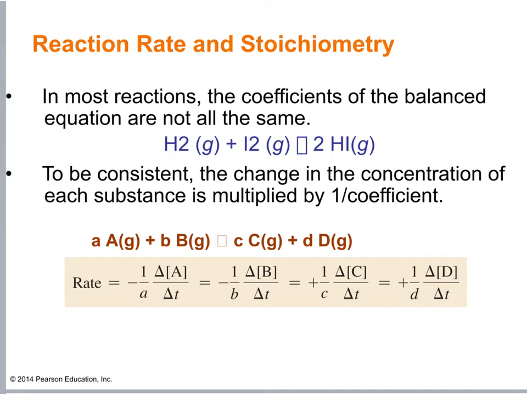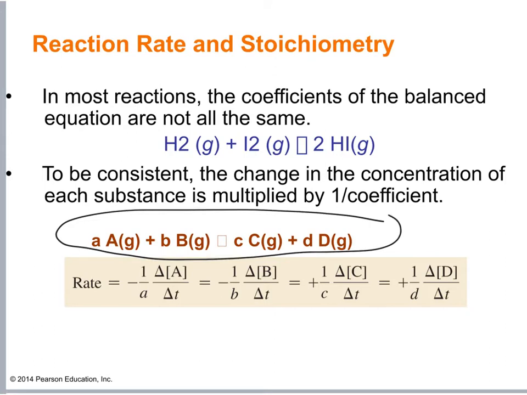So, for instance, if we take this generalized form of a reaction, little a being the coefficient of big A, little b being the coefficient of big B, etc., then for the reactants it's negative 1 over little a times the change in concentration of A over the change in time. And then on the product side, it's 1 over c times the change in concentration of C over the change in time.